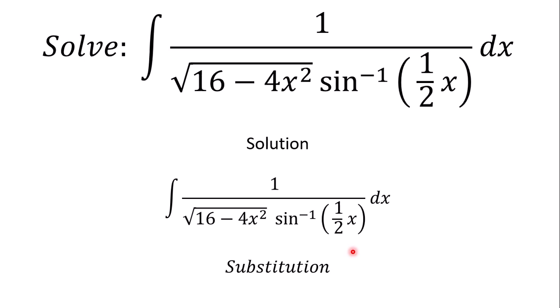What I mean by that is, when you are differentiating to find what is going to replace dx, you will be able to differentiate sine inverse of 1 over 2 without any difficulty. Now here, to make it simple and to avoid any confusion, I'm just going to let u be equal to this one, so that the sine inverse of u will be very simple for us to differentiate.